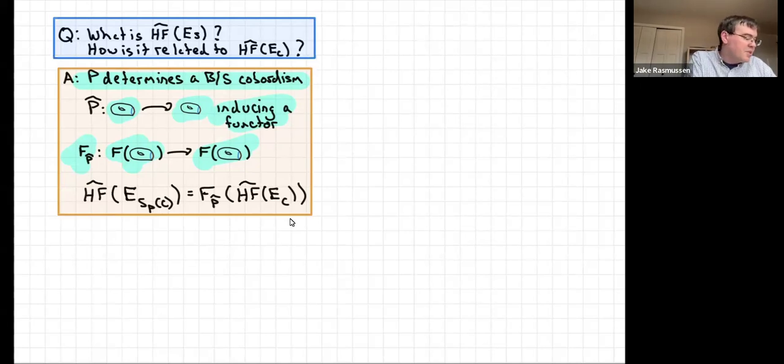And so then the answer to the question up here is that the curve invariant for the satellite will be the image of the curve invariant for the companion under the action of this functor. Okay, so to understand the satellite operator for a particular pattern, we need to understand what this functor from the Fukaya category of the punctured torus to itself is.